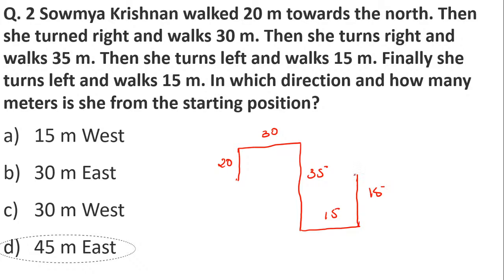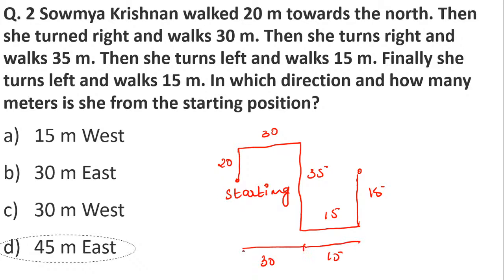So now she's here. In which direction and how many meters is she from the starting point? So students, this is the starting point, right? And if we add 30 plus 15, this much is 30, this much is 30, and this much is 15.